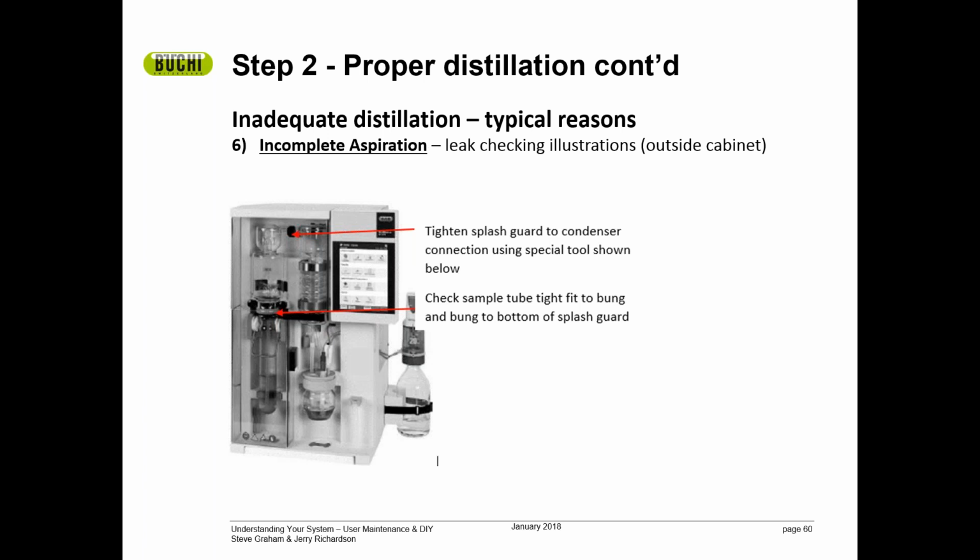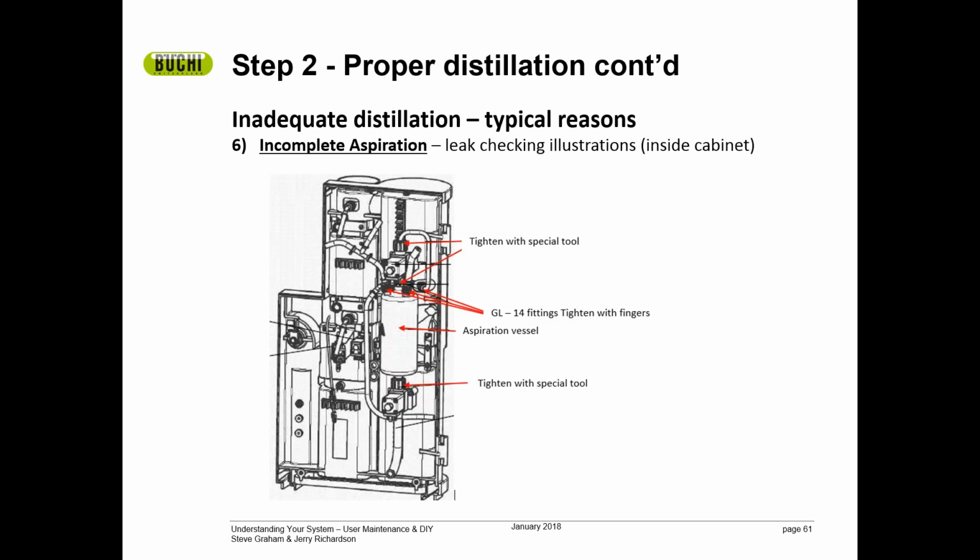So here again, we've already talked about the seals on the outside. Let's take a look at some of the seals on the inside. On the inside of the door of your system, there's several seals that are critical. I've highlighted those in with red arrows.